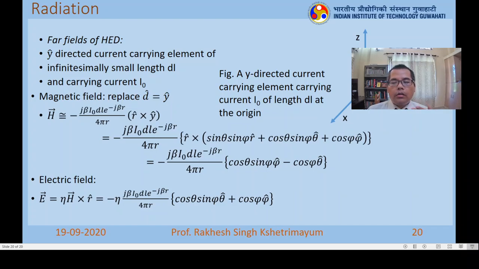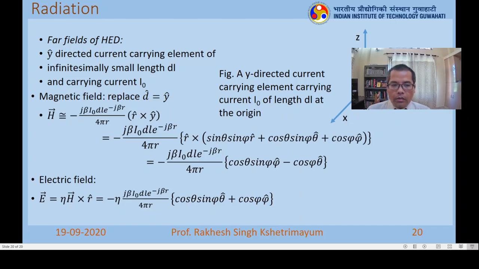It turns out the expressions for the electric field and magnetic field have only one term each. And one more observation was that in the far field, the electric field and magnetic field were related. The electric field had an amplitude which is eta times that of the magnetic field, and the directions of the electric field and magnetic field were perpendicular, and they were also perpendicular to the radial direction in which the wave was propagating.